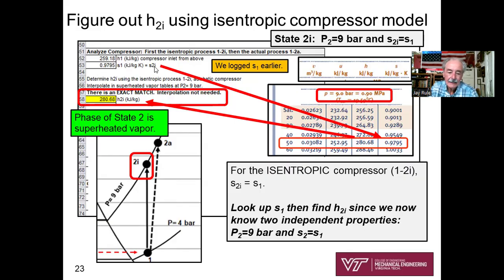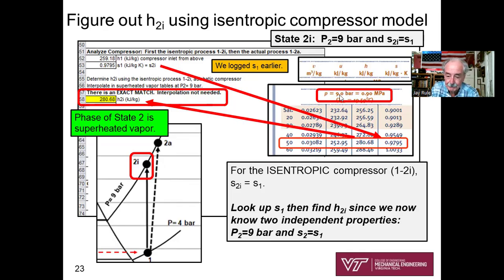Okay. Another thing we know about state 2 is that the pressure is 9 bar. Well, that gives us two independent properties at state 2I. We've got entropy and we've got pressure. So the beauty of this sketch is it shows us we're in the superheated phase. So that's what tells us we've got to go to the superheated tables.